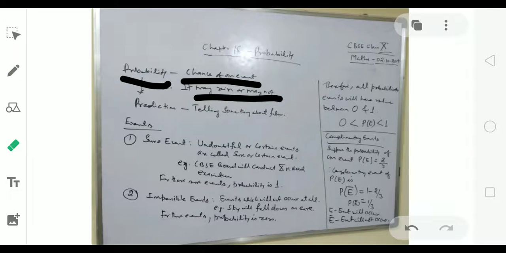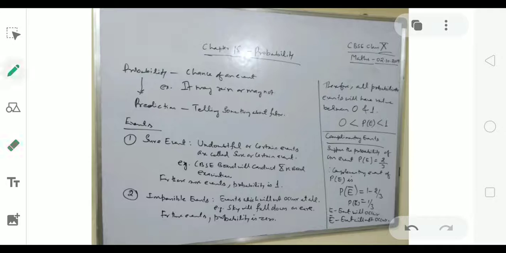So there is a chance which we are saying that it may be raining or it may not be raining. Similarly, if two teams are playing a game, then there are chances that one will be winning, one will be losing the game. So this type of chance is coming under the category of probability.